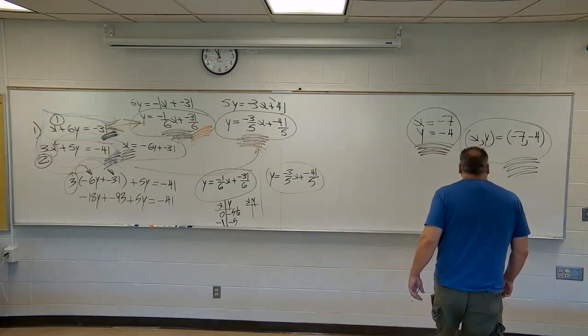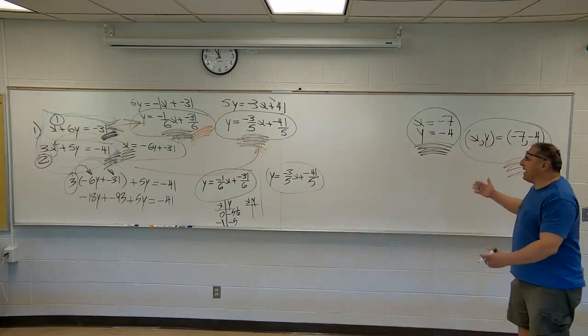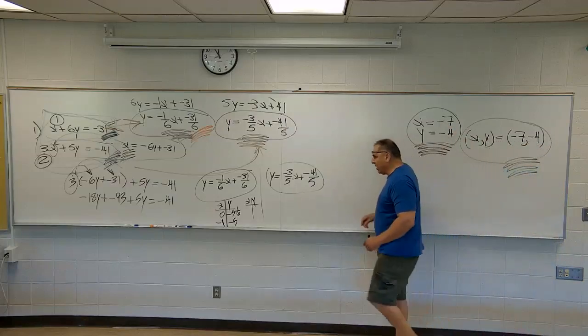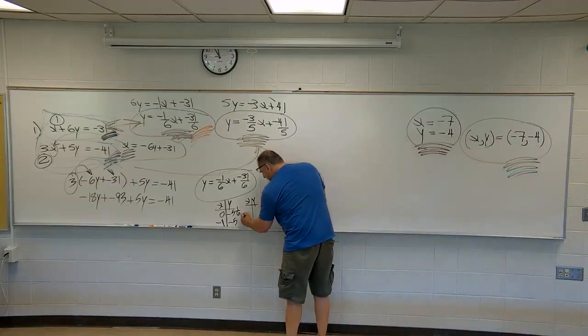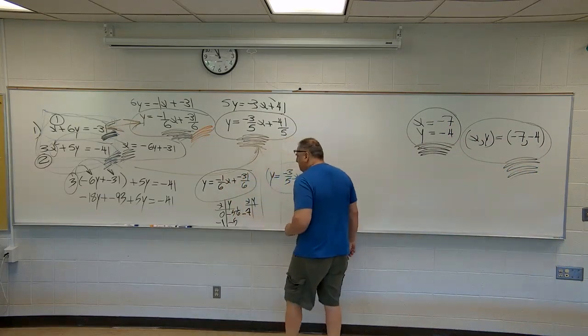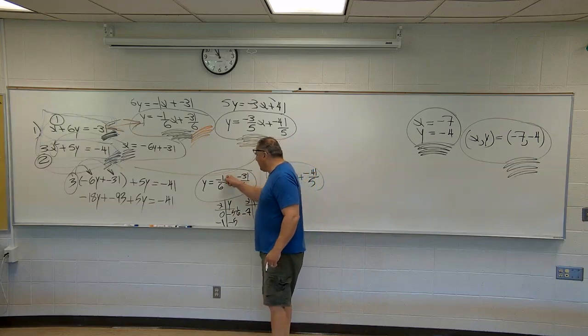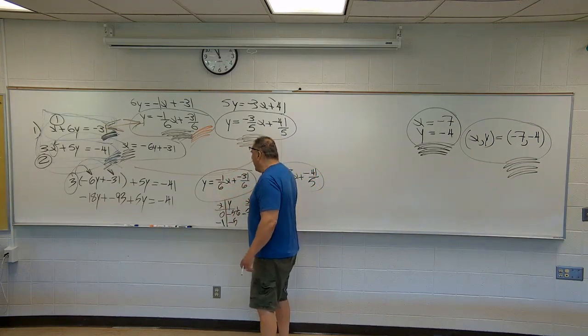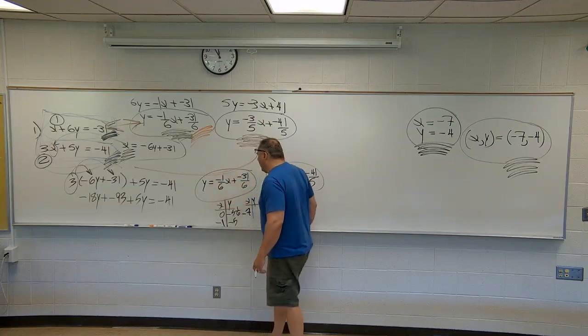Let me kind of cheat. Not really cheat, but let's say, hey man, I guessed negative 7. I wonder if it's going to spit out negative 4. Here's a big one. Here's negative 7. Put a negative 7 right there. Negative 7 over 1 times negative 1 over 6 is negative times negative is positive. That's 7 over 6. Negative 7 times negative 1 over 6 is positive 7 over 6.